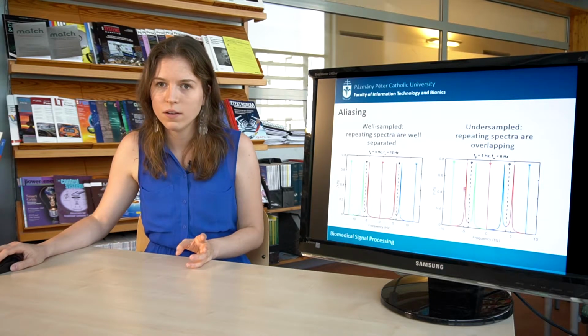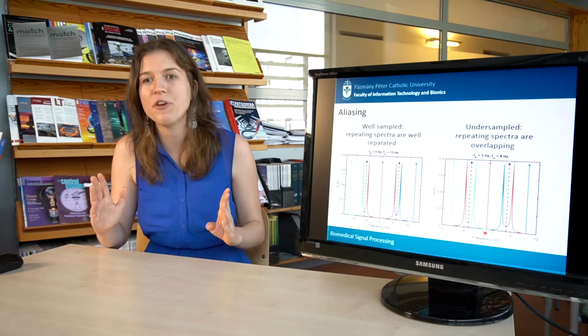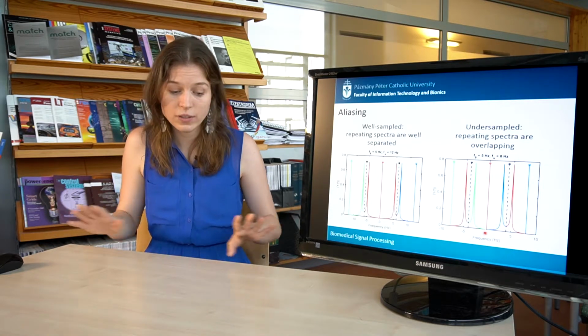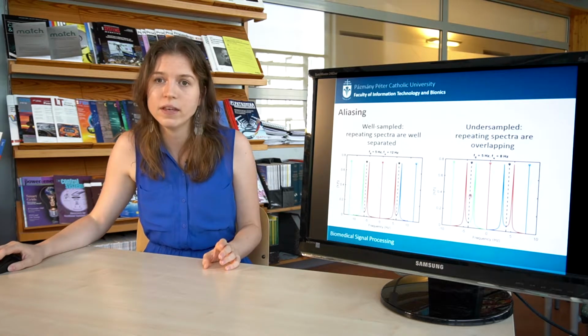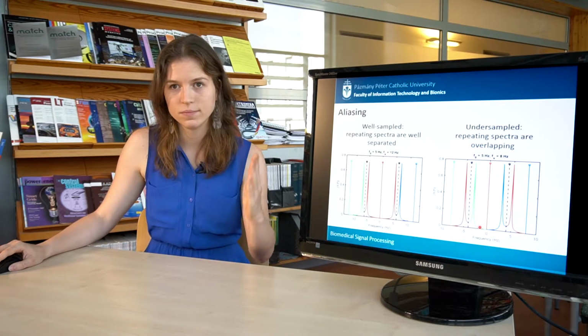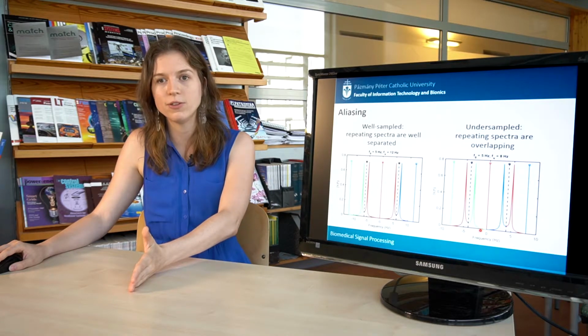But what if they are too close together? So here it should be again this red line, but I'm pushing in the next period into the neighborhood of this first period. So they will be overlapping, as you can see here. The green period will come into the red period.